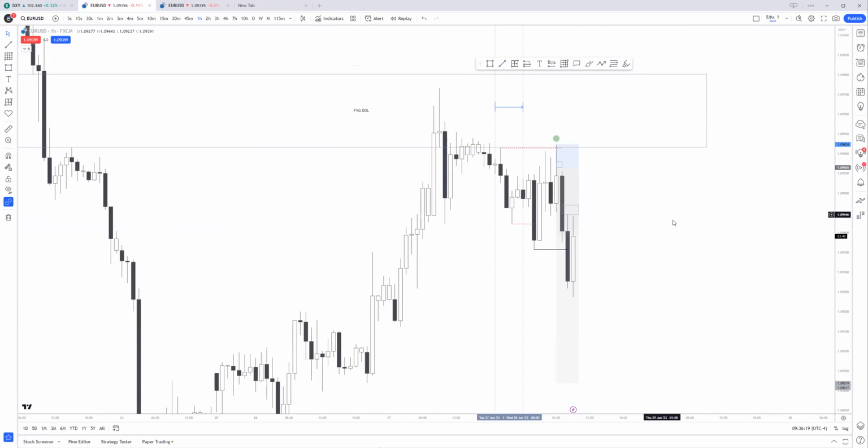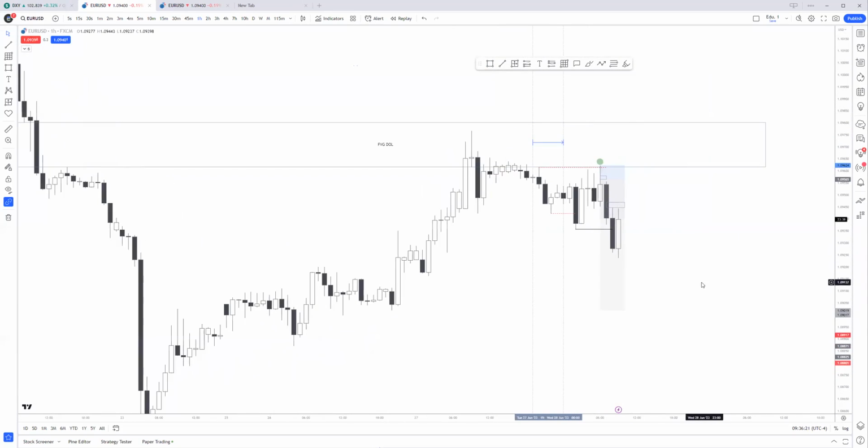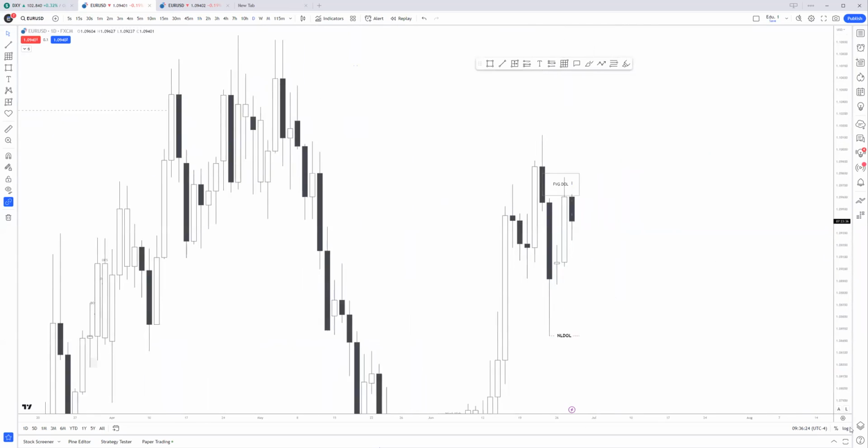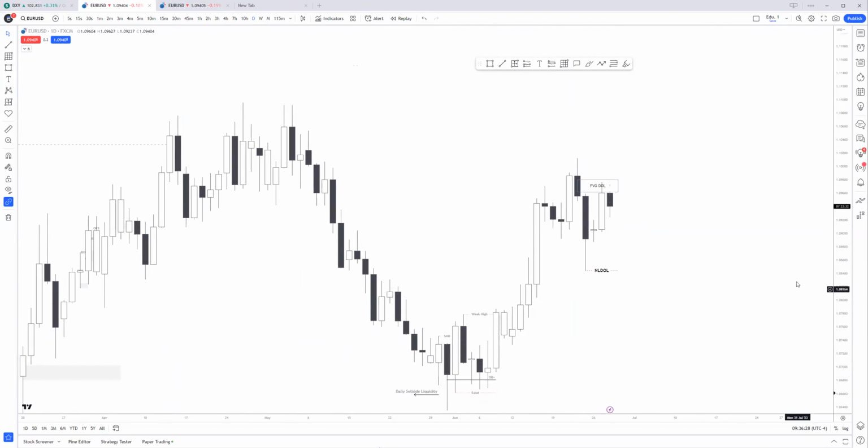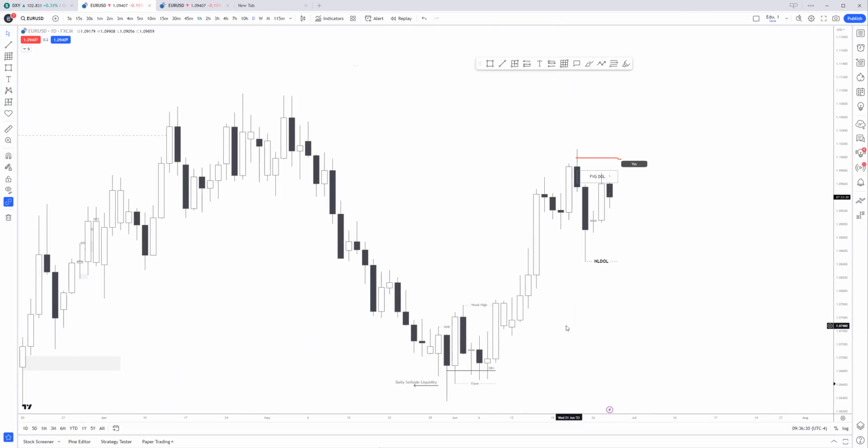What's your bias? Can you go on the daily? Wait, let me draw. So basically we had our next draw on liquidity, because this is weak, right? We had a sweep of inducement, and just like you said about the daily open close, let's say this is a bullish candle. What do we expect this candle to do?